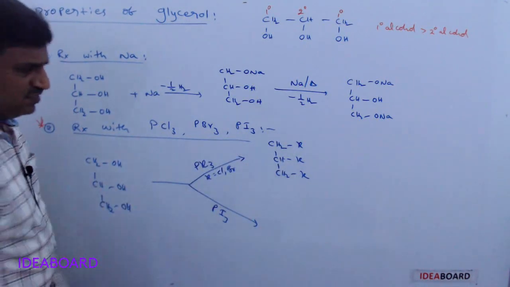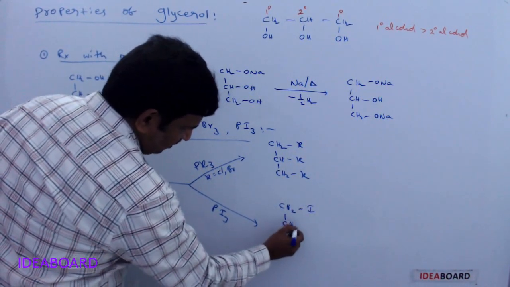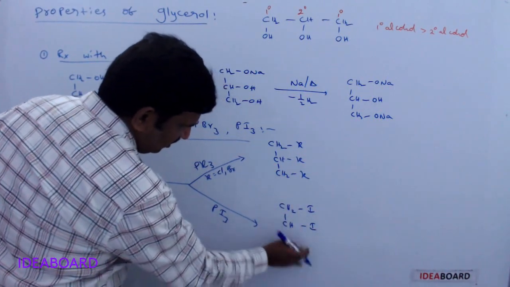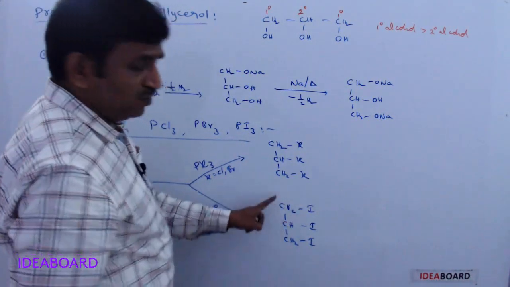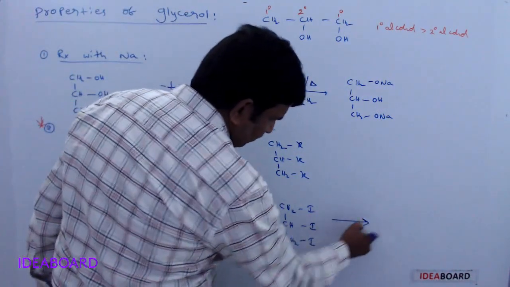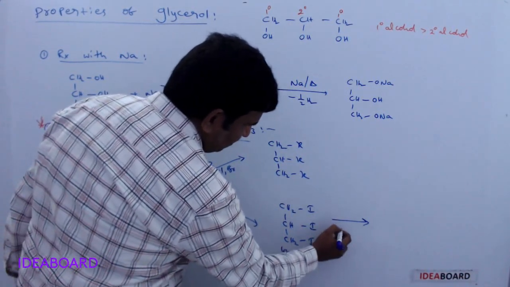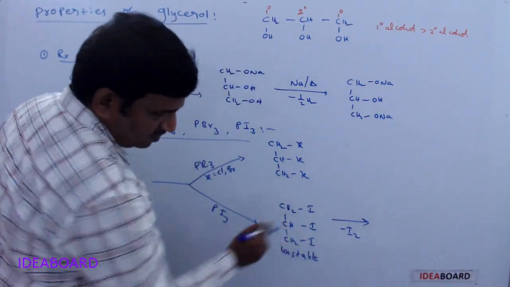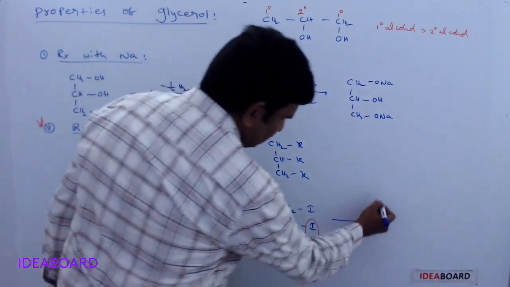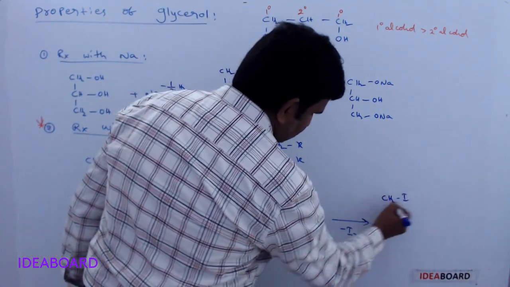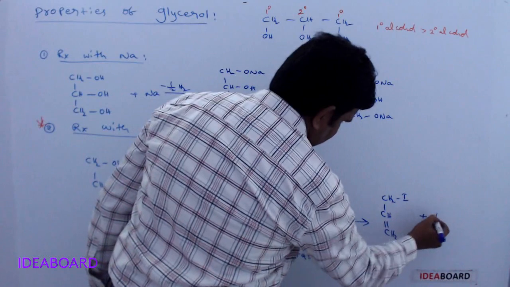But if PI3 is taken, first it forms CH2I, CHI and CH2I. That is triiodopropane, but this is unstable. So it immediately loses one iodine molecule. Because of the removal of this iodine, what we get is CH2I, CH double bond CH2, plus iodine.